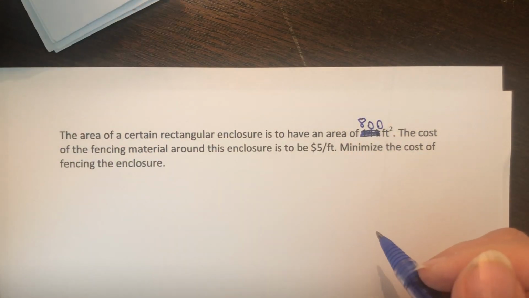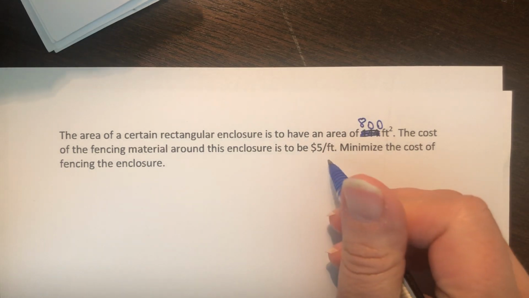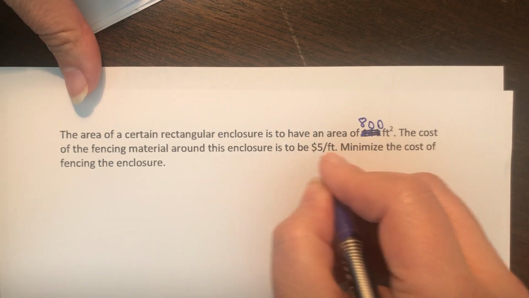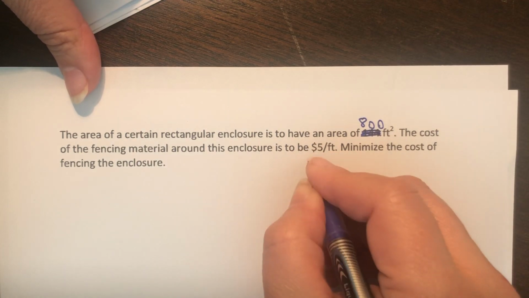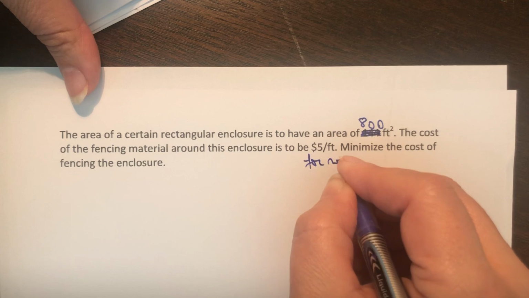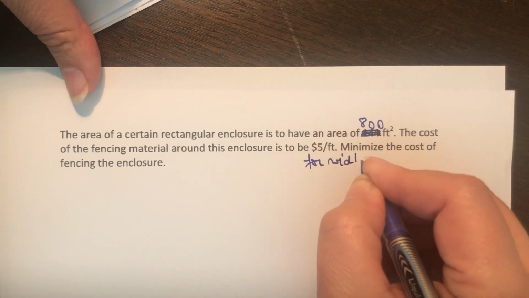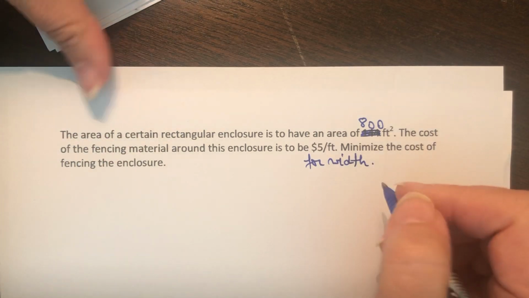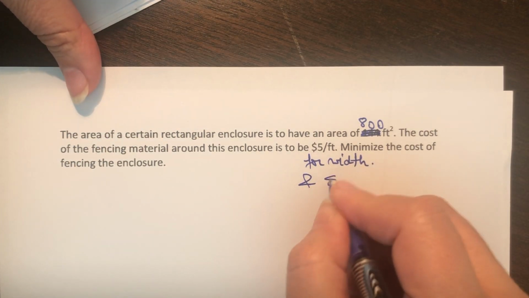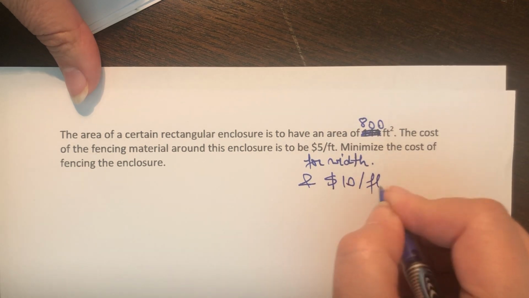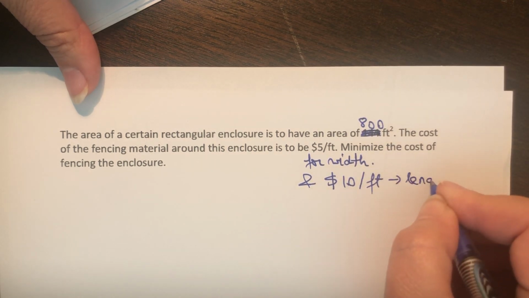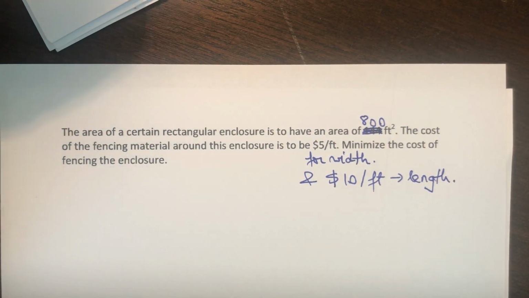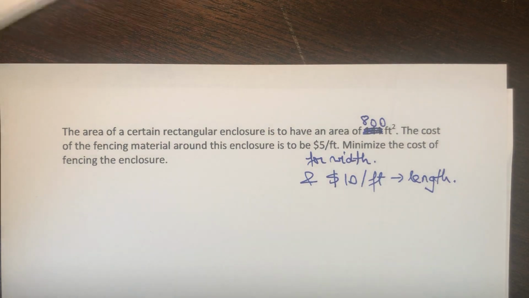The cost of the fencing material is $5 a foot, but let's change it: $5 a foot for the width, it doesn't really matter, and let's make it $10 a foot for the length, just like your test problem. Minimize the cost of fencing the enclosure.